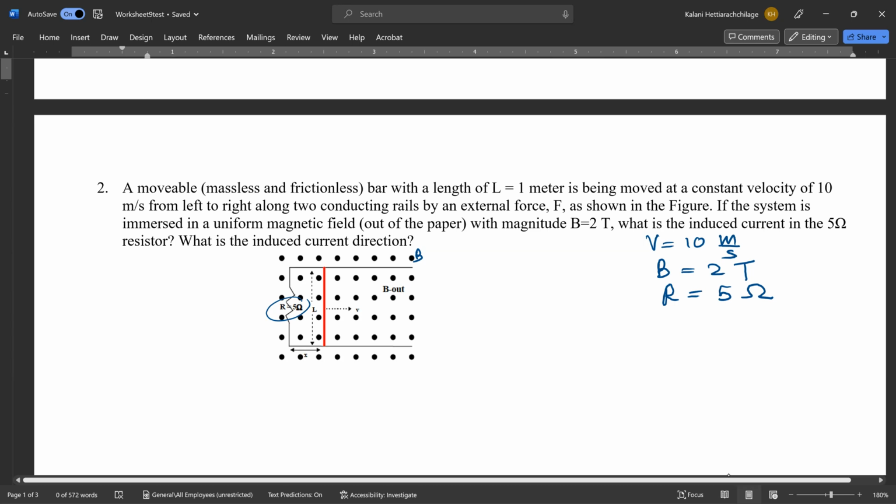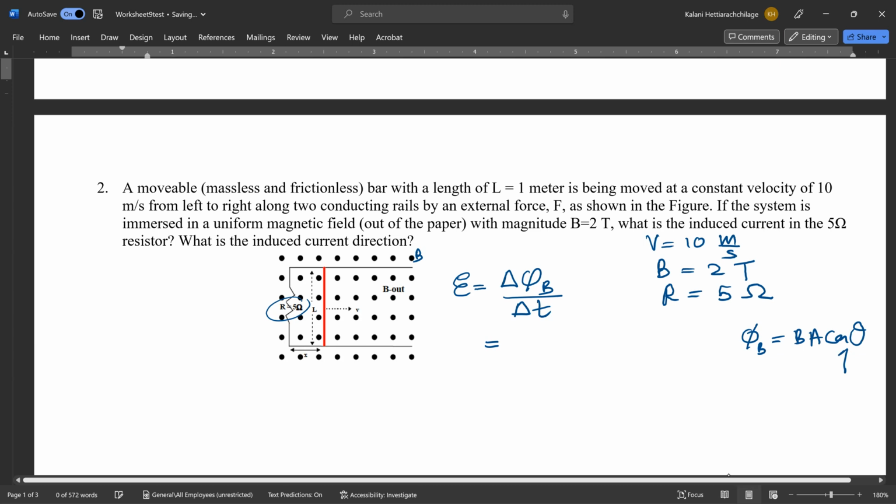Okay, so now let's see how we can calculate it. We know Faraday's law, just ignoring the negative sign. We're going to get the sign by using the directional information. We know delta phi B over delta t. Now you need to simplify this formula, because phi B is equal to B A n cosine theta.